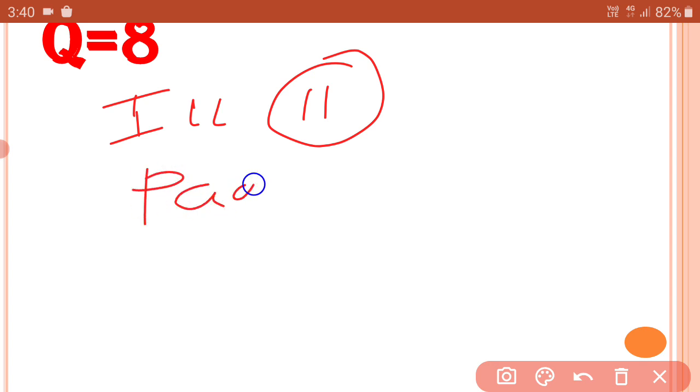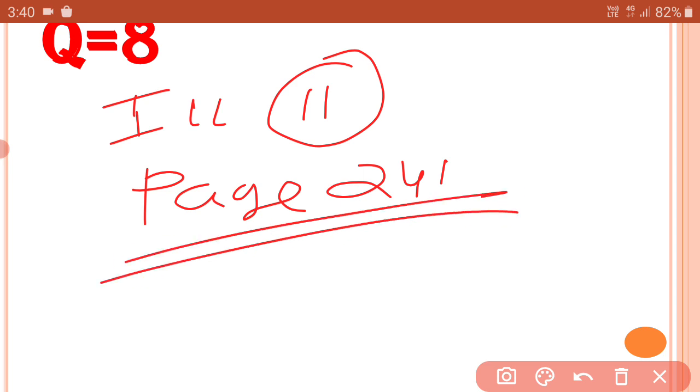Question number 8. We are taking this question from illustration number 11, page number 241. Surbi Limited. Just check this question.